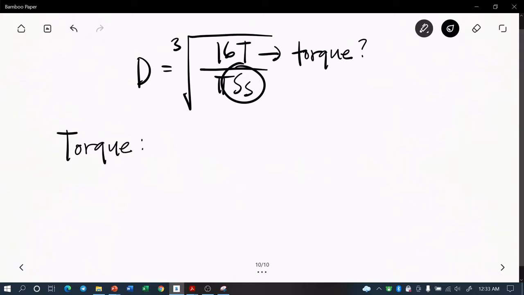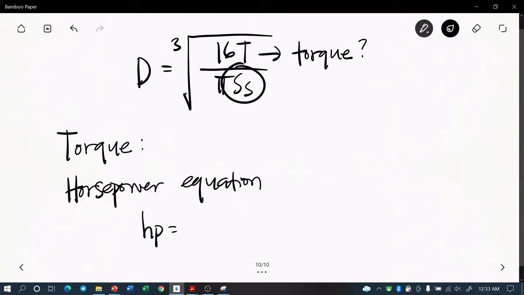So we have the horsepower equation. The horsepower equation is HP is equal to N times T over 63,000. N is the revolution per minute of the shaft, and T is the torque.